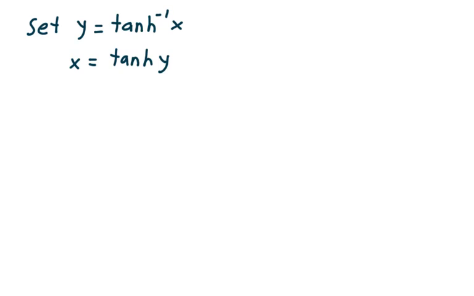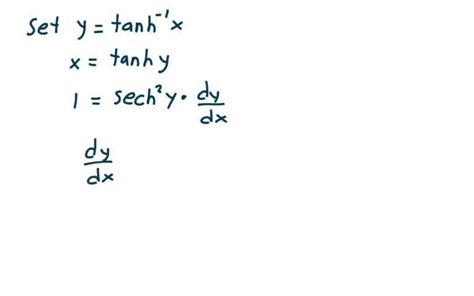Differentiate both sides with respect to x, and when I do, I get 1 equals hyperbolic secant squared y times dy dx. So dy dx is 1 over hyperbolic secant squared y.